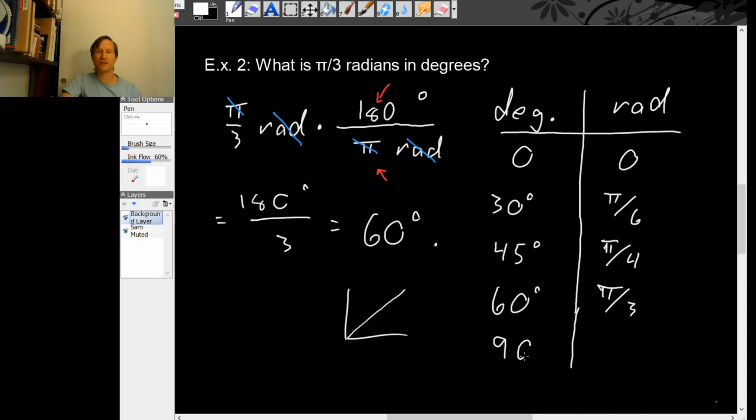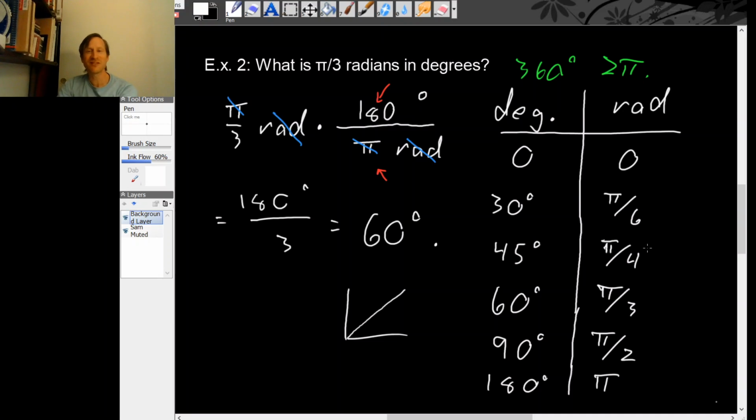You should know 90 degrees. That's a right angle. 90 degrees is pi over 2 radians. 180 degrees, that's a half turn. That's pi radians. And then, of course, 360 degrees is 2 pi radians. That's the very first one that we figured out. All right.